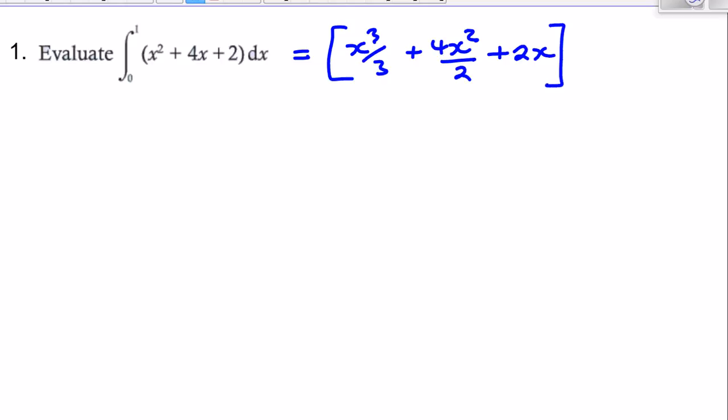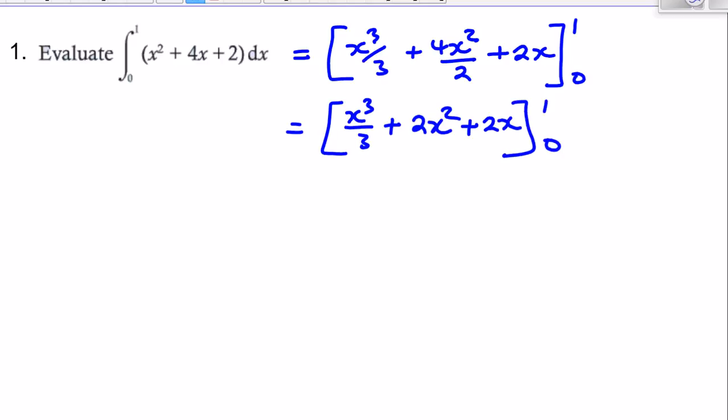The limits are from 0 to 1, which will be equal to... Now, let me just simplify this before I actually substitute the values. This is x cubed over 3 plus 2x squared plus 2x from 0 to 1. That's better.